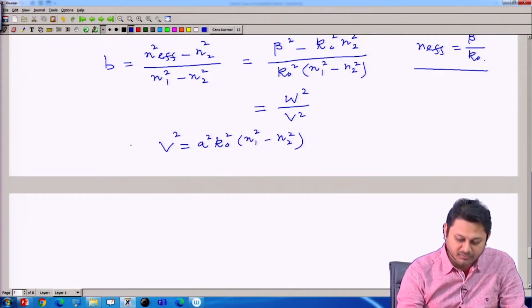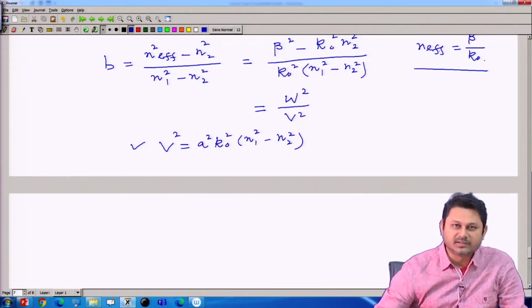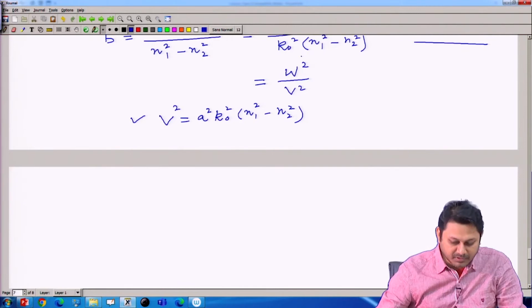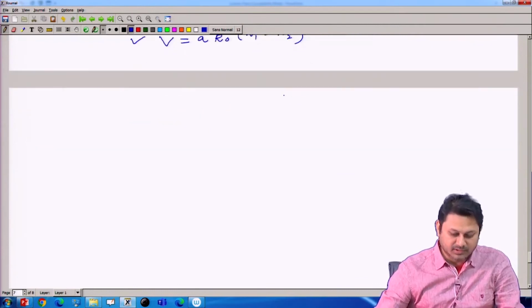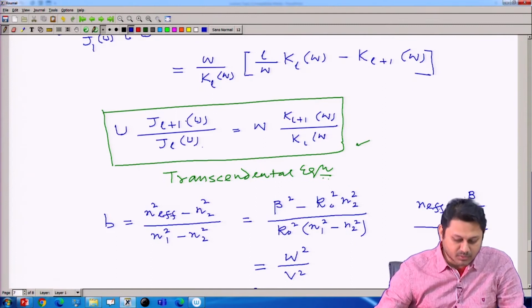That is the value of V. If I now divide W square by V square, I am going to get this one. So I just write my B in terms of W and V.